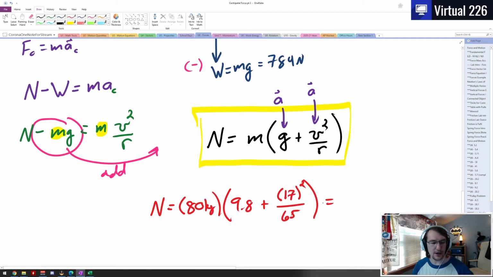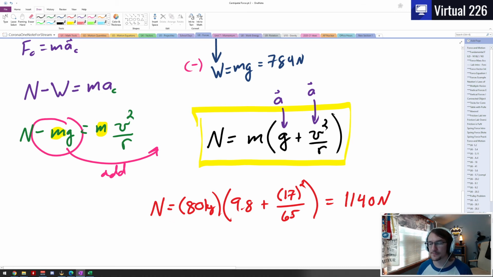And when we put all these values together, if we bust out our calculator here, we do 17 squared, get a huge number, 289, divided by 65, get 4.44, plus 9.8, get 14.25 times 80. We get, and let's just round this up, about 1140 newtons. So 1,140 newtons is our apparent weight.